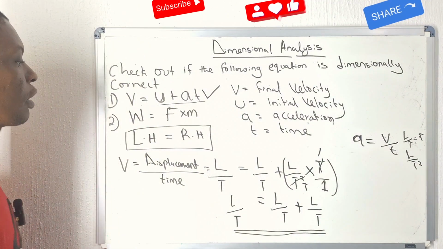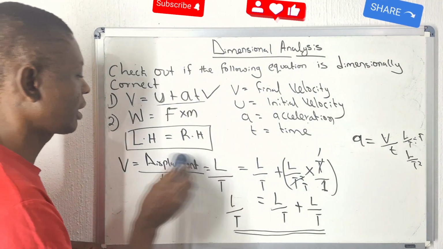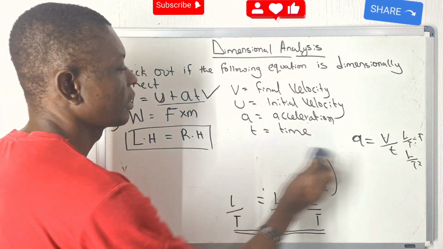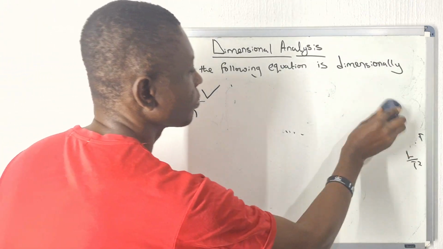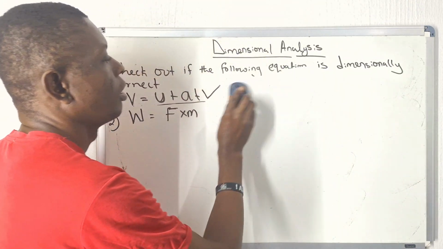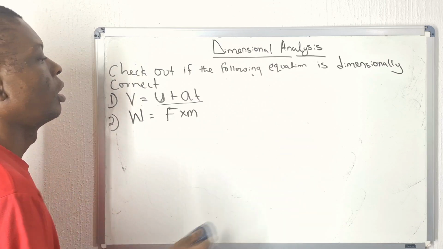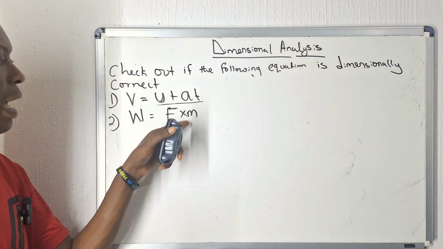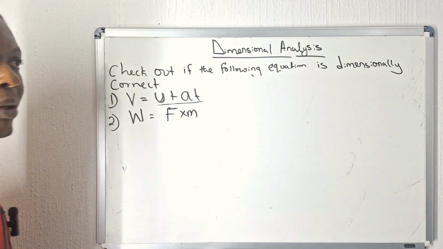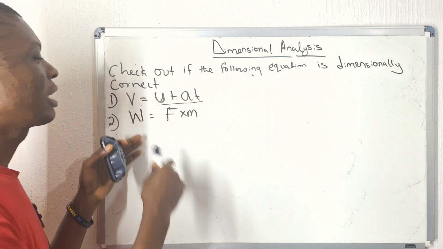So now, back to the second one, to check if it is also correct. The second one says that work is equal to force times mass. This is an equation that someone is trying to derive.